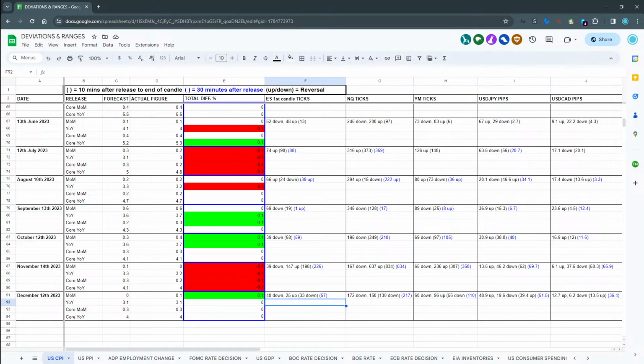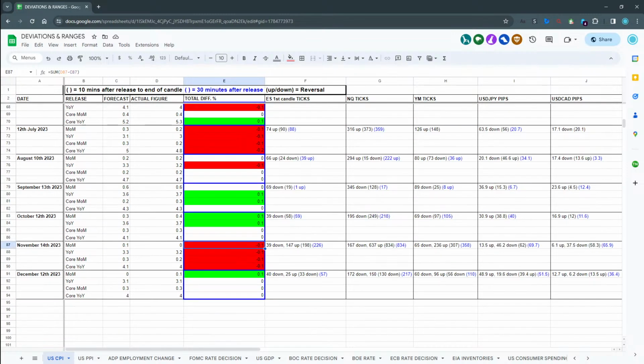So ideally, I said you'd want a bigger deviation, or at least a 0.2% deviation on all of the figures to get a decent reaction out of the market, considering how the last reactions have played out, when you have had all the figures either going higher or lower across the board. So that's ideally what we want to be looking for, at least a 0.2% on all the figures for a strong, decent reaction.